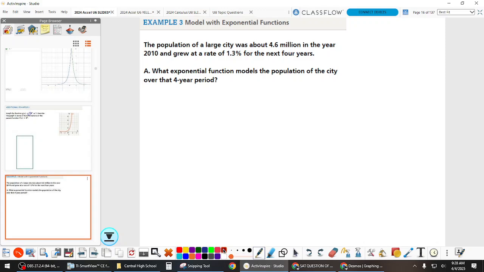Here's an example. Population was about 4.6 million in 2010 and grew at a rate of 1.3% for the next 4 years. So write the function and we'll also find out what the population is. So tell me what to write.